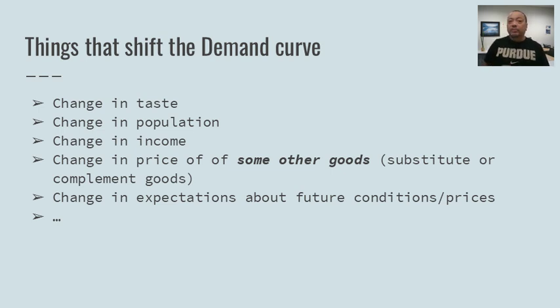Change in price of some other goods, substitute or complement goods. Those are concepts you'll learn in your econ class. Change in expectations about future conditions and prices. If something happens that causes people to think there may be a recession next year, it affects their spending today and changes demand, etc. This list is not exhaustive.